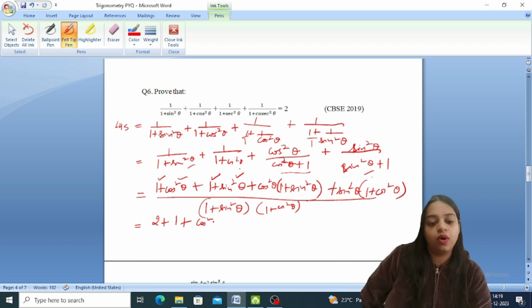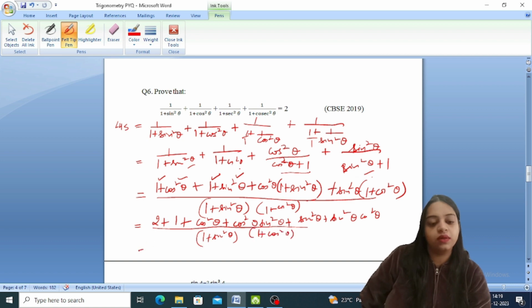It will be cos square theta plus cos square theta sin square theta plus sin square theta plus sin square theta cos square theta, and the denominator I am writing as such, which is 1 plus sin square theta, 1 plus cos square theta.